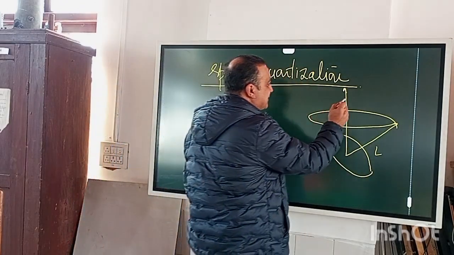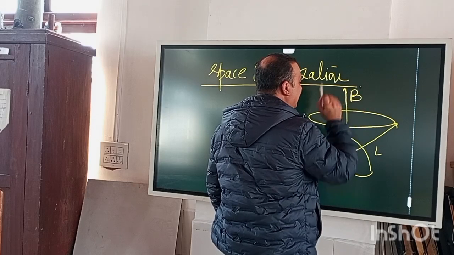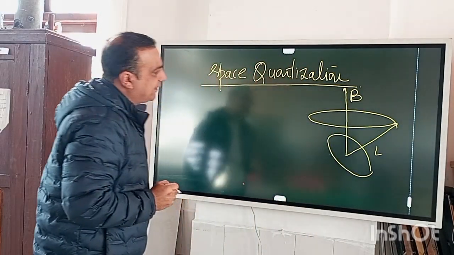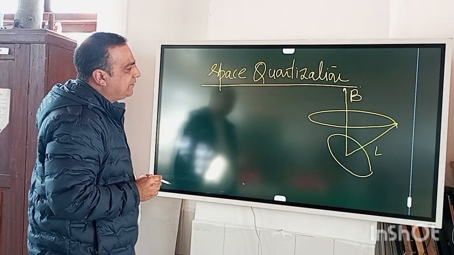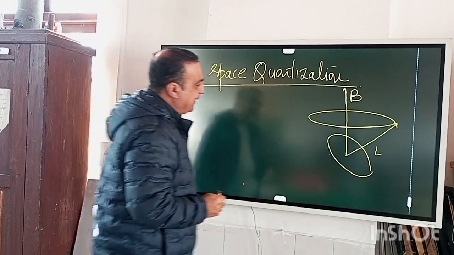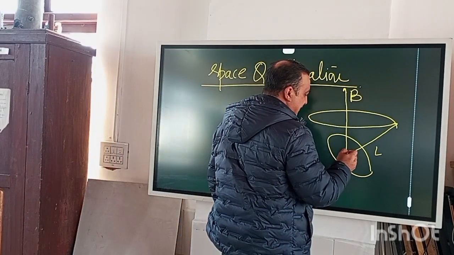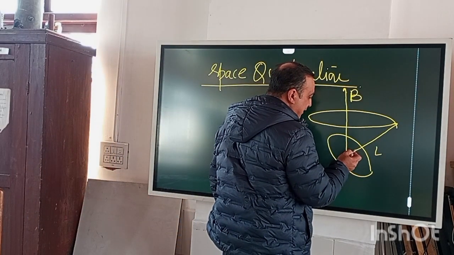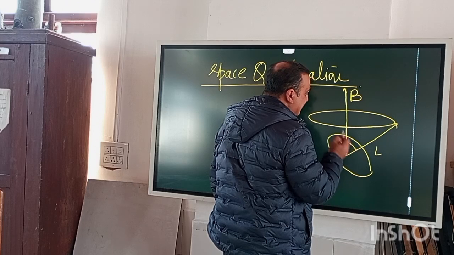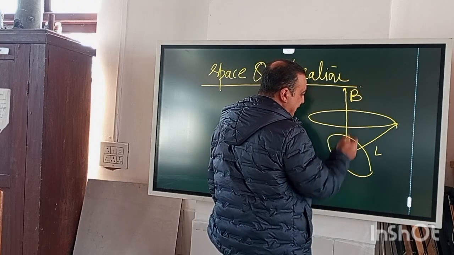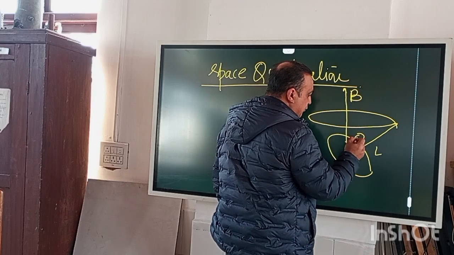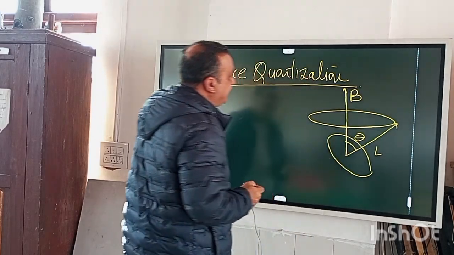So this is my magnetic field, assuming it to be in the direction Z, and there is an angle between the orbital angular momentum and the magnetic field, assuming this angle to be theta.